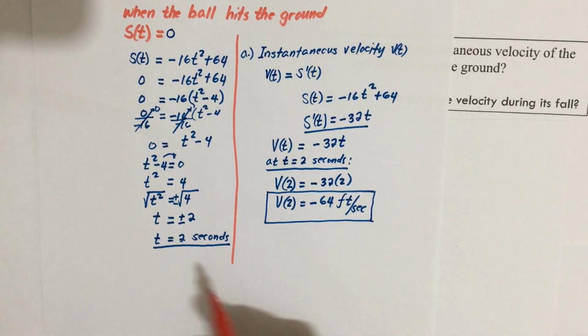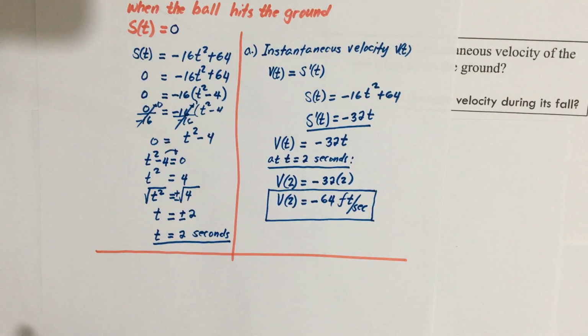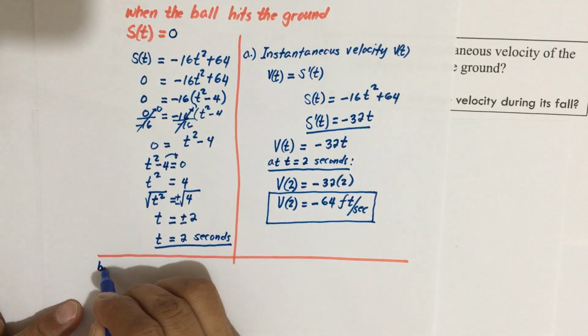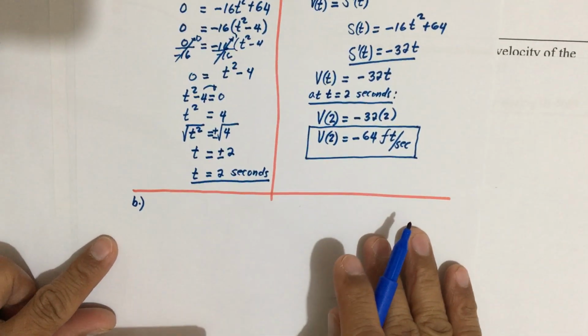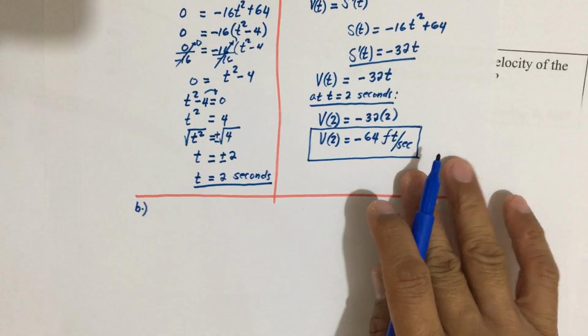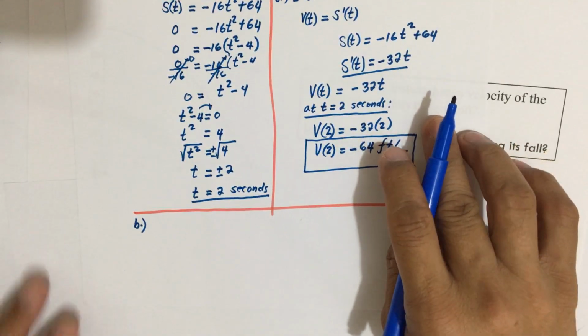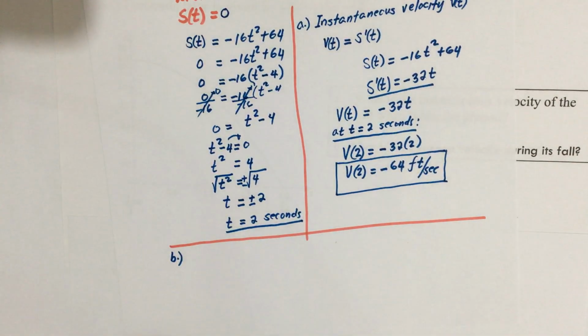Now, how about requirement B? For requirement B, we're asked to solve for the average velocity. So how will you calculate the average velocity?